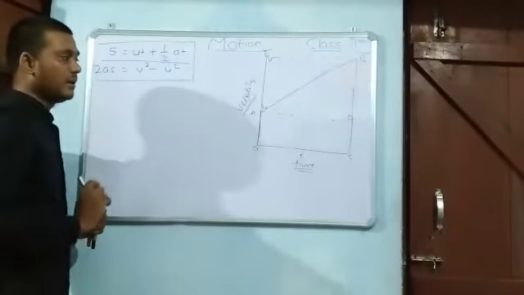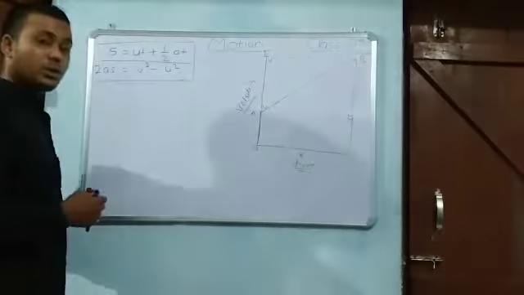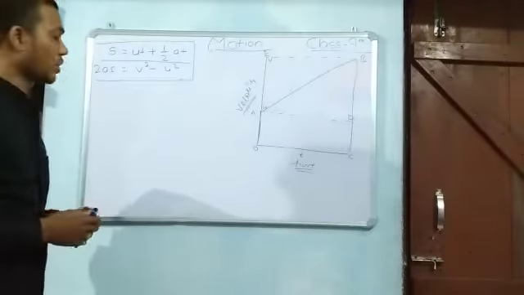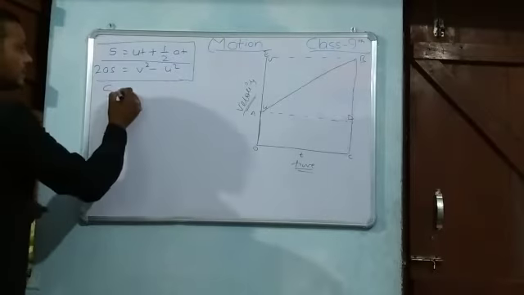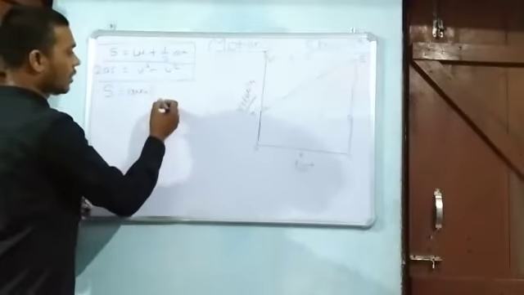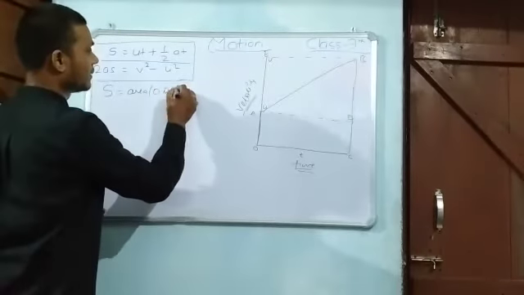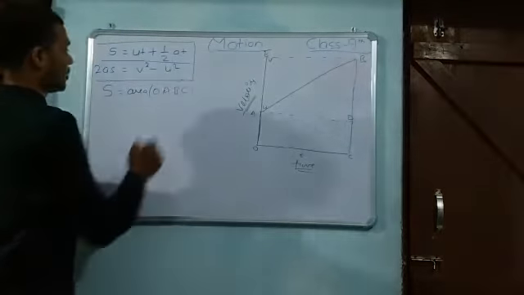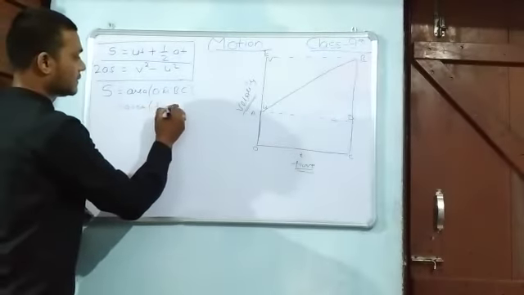So we need to find the distance covered by an object. The distance covered by an object is equal to the area of OABC, which is the area of the trapezium.